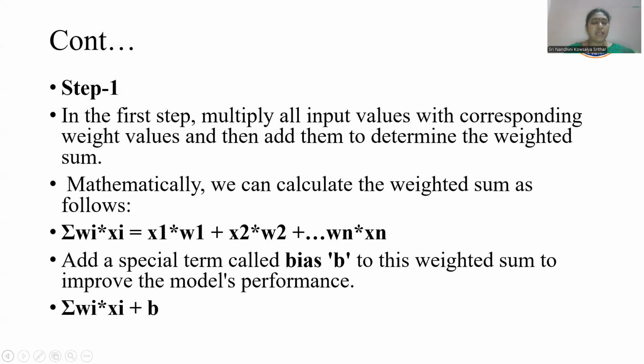Then we add a special term called bias, that is b, to this weighted sum to improve the model's performance. The final value of the net summation function is summation of wi into xi plus b.